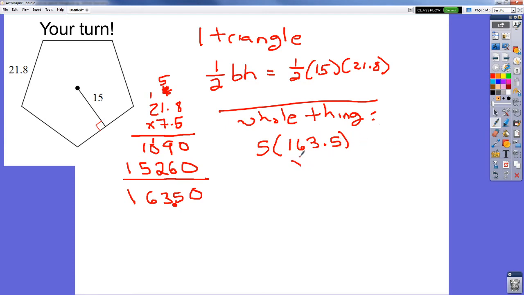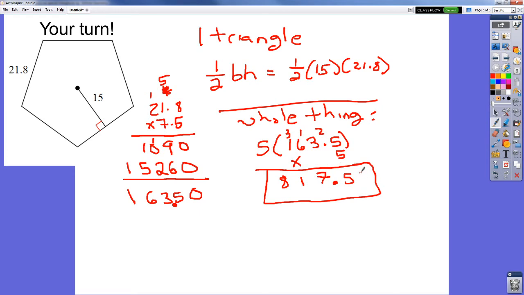Again, I'll just do the same thing. 5 times 5 is 25, 15, 17, 30, 31, 5, 8, and then 1 decimal place means 1 decimal place right here. So my final answer ends up being 817.5 units. They don't give us a unit, so we're not worried about a unit right here.